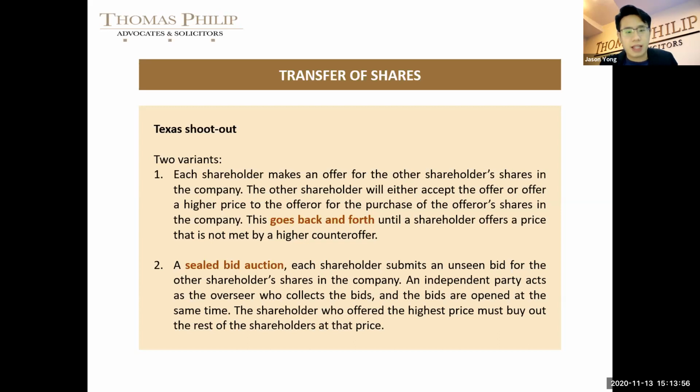What happens next is an independent party who acts as an overseer will collect the bids, and the bids will open at the same time. If I offer to buy the other shareholder's shares for 100 ringgit, but they only offered 80 ringgit to buy my shares, what that means is I now have to buy their shares at 100 ringgit per share or something like that. All right, that's how it goes.